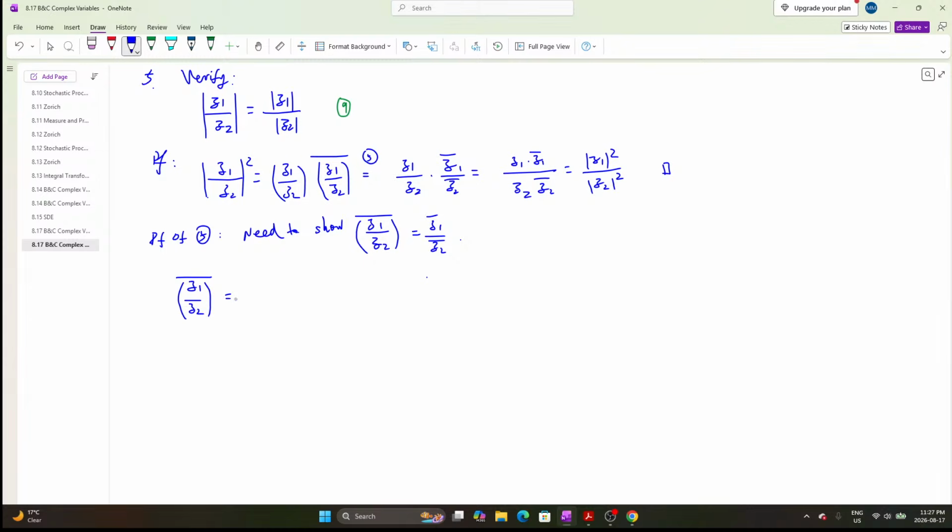So to handle the fraction, we're going to use the property of the conjugate, namely if we multiply the conjugate of the denominator on top and bottom, this way the denominator becomes a real number.